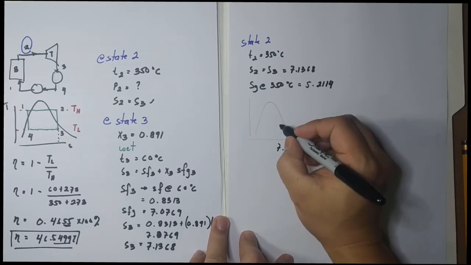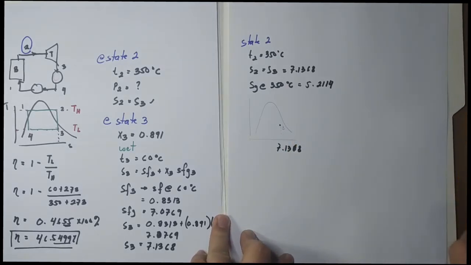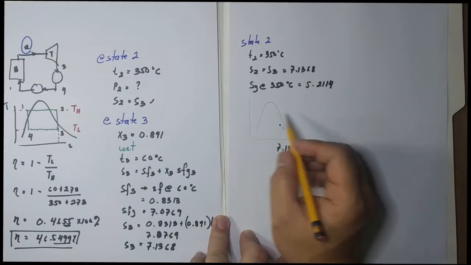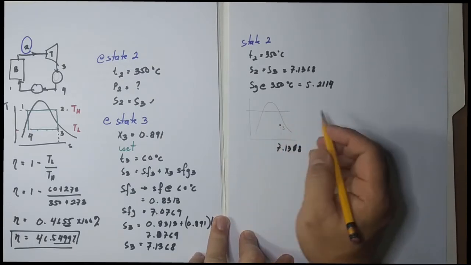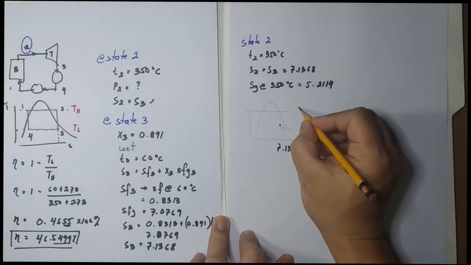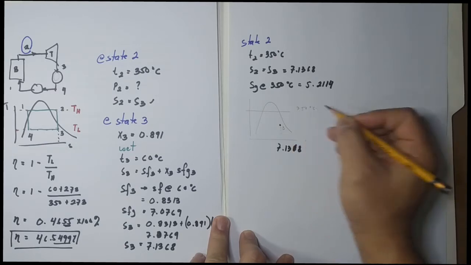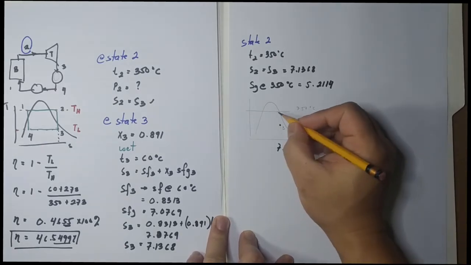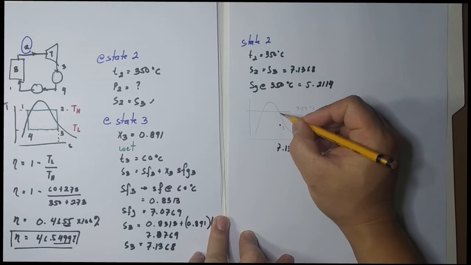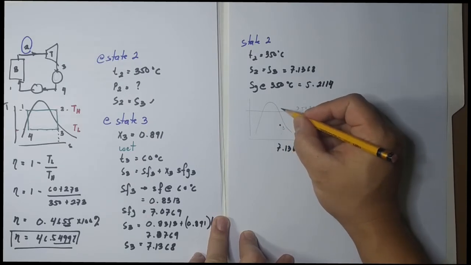Okay, yan yung S3. Ngayon, pagdating dito sa 350 degrees C, lumalabas na ang SG mo ay mas mababa.